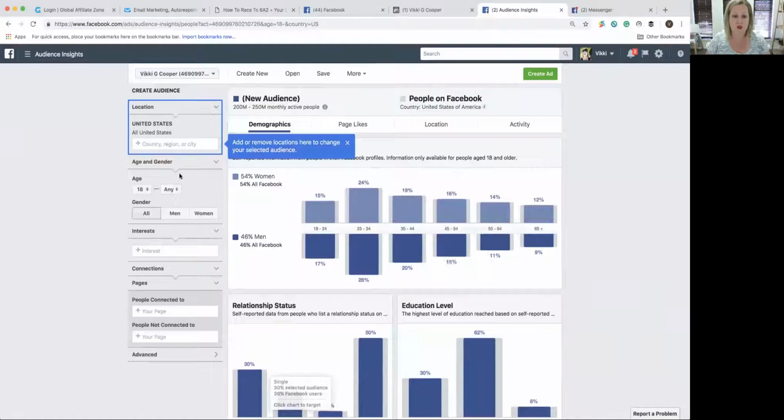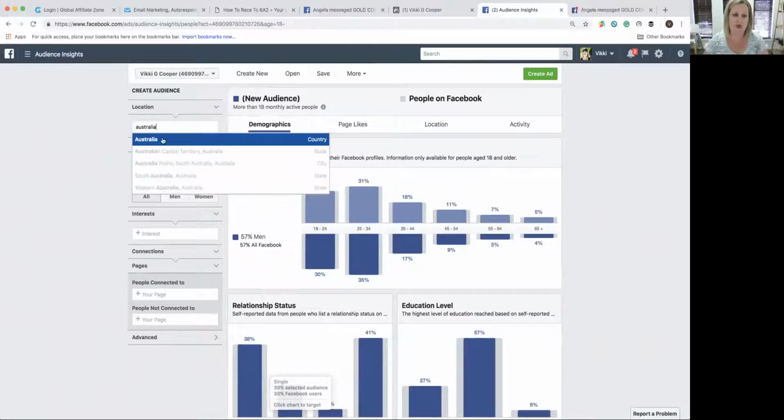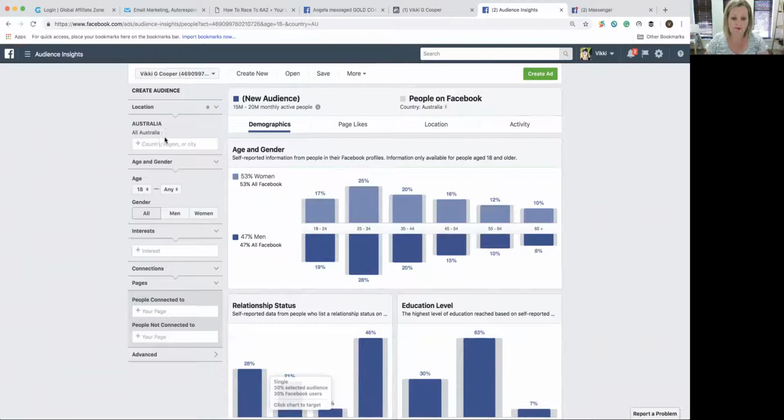So what I've been doing initially, I'll just show you, is looking at Australia, one country at a time, only because that's how I've learnt to target. We don't stick them all in together.